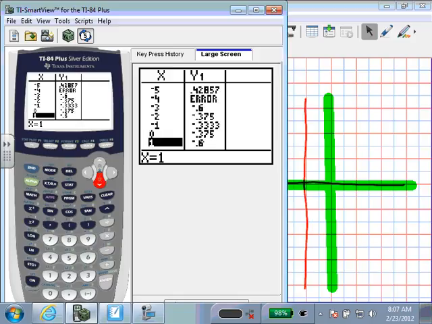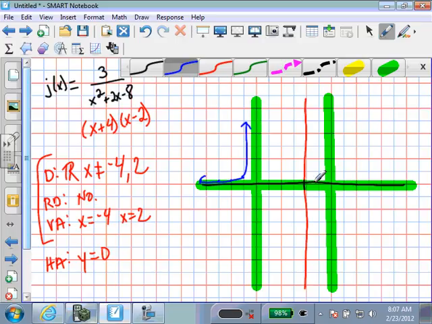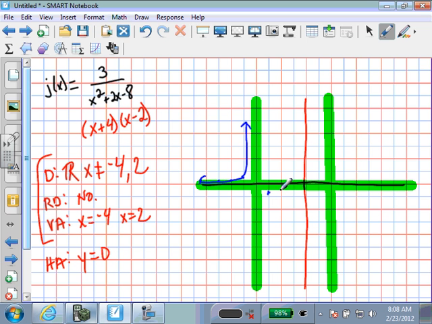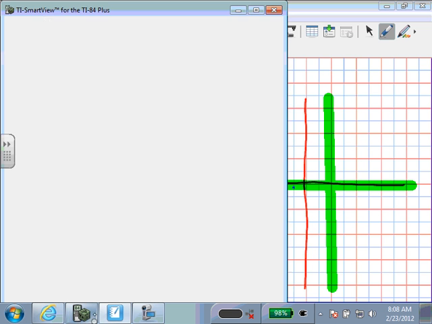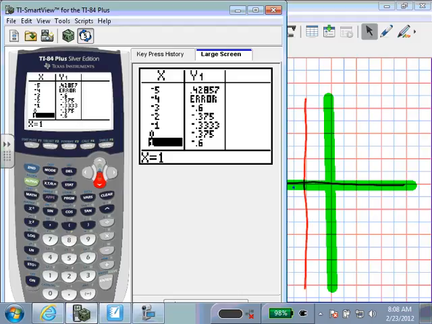So negative, but they're all negative. -0.6, -0.38, -0.33, -0.38, -0.6. Okay, so -0.6, a little higher, a little higher. 0 is coming back down.